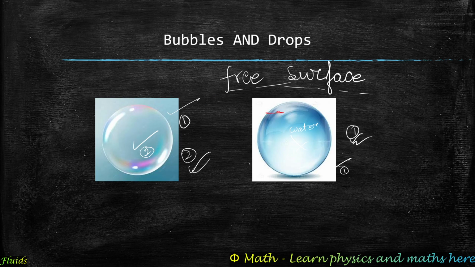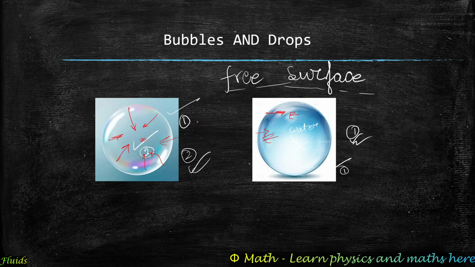So we can see that this thing tries to shrink, which is resisted by the water pressure, but in this case this thing just tries to collapse because this layer wants to minimize its surface area. Because there is air inside, which is a fluid, the air is compressible, so this tries to compress the air, and that is the extra or excess pressure. So due to this there is a pressure inside.